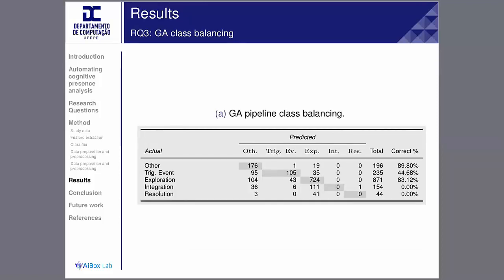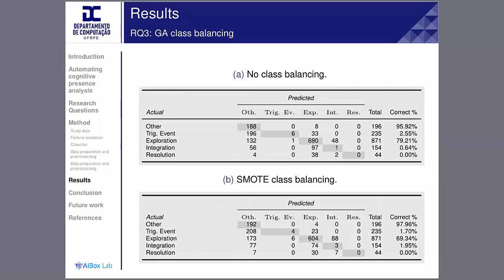Right. Considering the table of our sampling method, we can see that in the exploration phase, the number of hits that the classifier was able to identify is a little bit similar when compared to the last 2 tables.